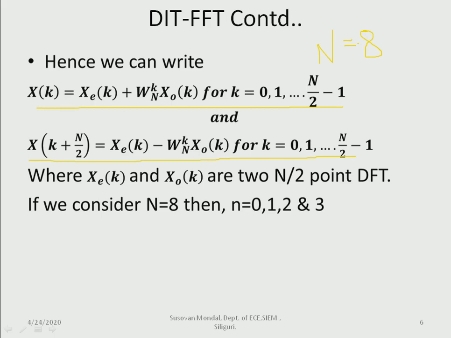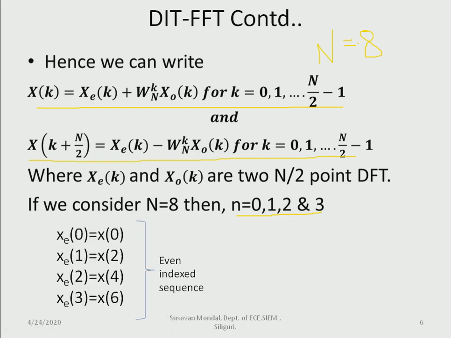Clear? So if we consider N equal to 8, then obviously the small n value will be 0, 1, 2 and 3. Now how will this sequence be decimated? These are the even indexed samples: x of 0, x of 2, x of 4, x of 6.